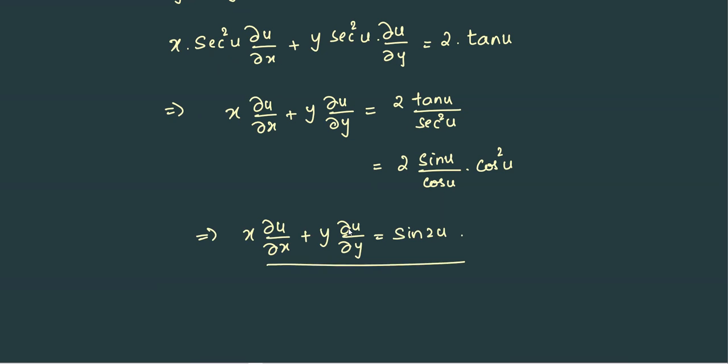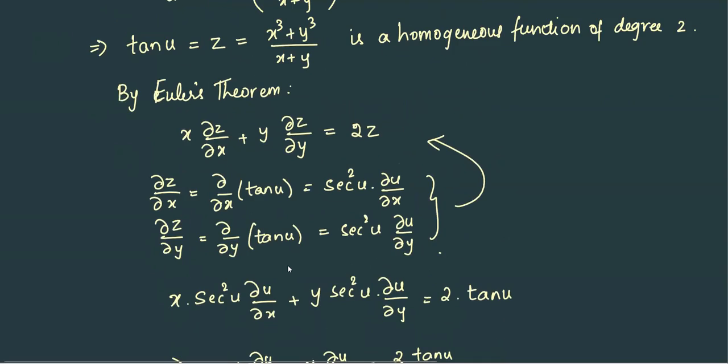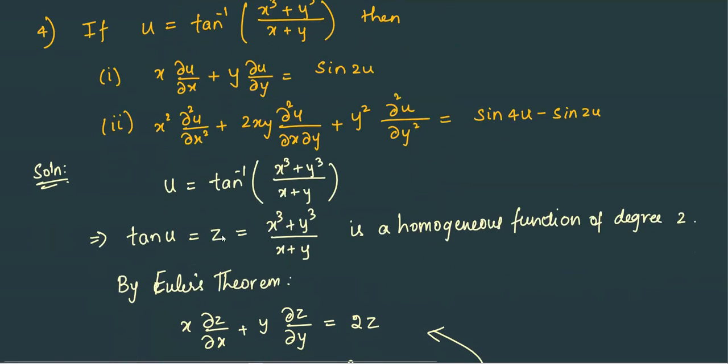If we didn't use Euler's theorem, this problem would have been very complicated. If we had directly tried to prove this, ∂u/∂x, the tan inverse derivative is 1 by 1 plus x square times the derivative of this, so partial derivative with respect to x, partial derivative with respect to y.